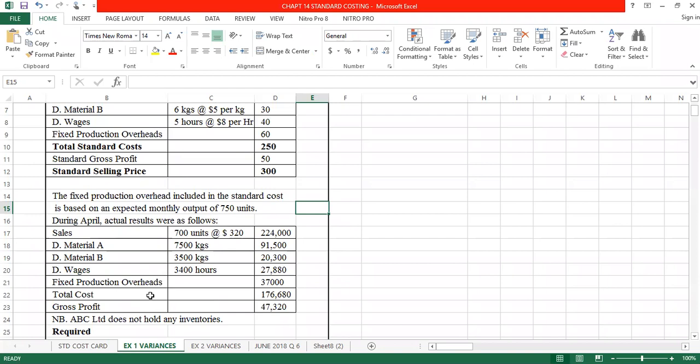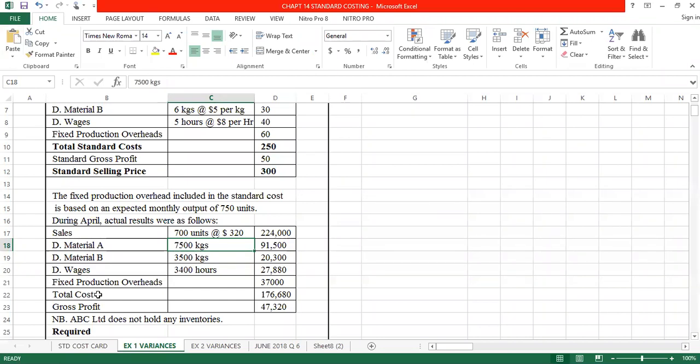So what are our results? Remember, these are for the whole month. Actual sales was 750 units at a selling price of 320 to give you a total cost of sales of 224. Direct materials for the month of April, there was 7,500 kgs.